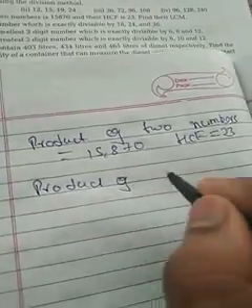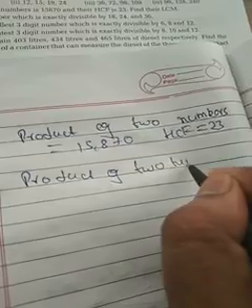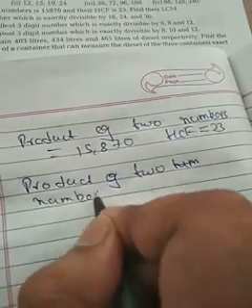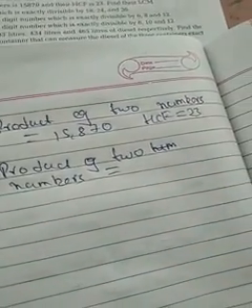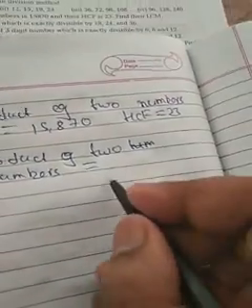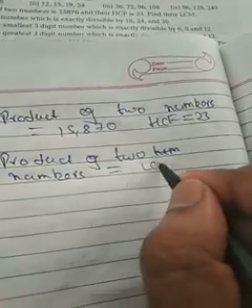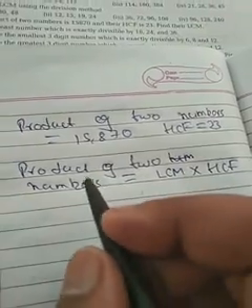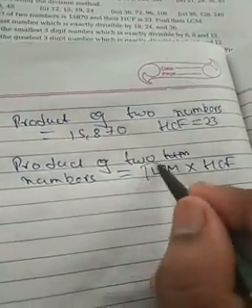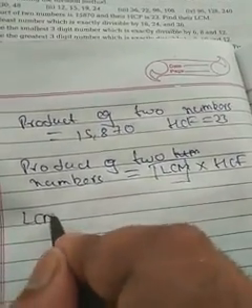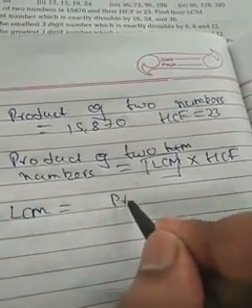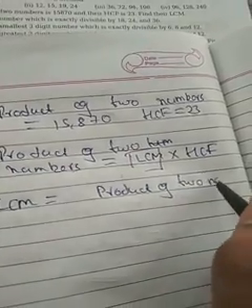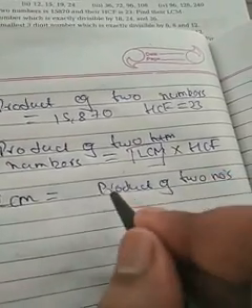Product of two numbers is equal to LCM into HCF. Now from here we have to find the LCM. So the formula will become LCM is equal to product of two numbers upon HCF.